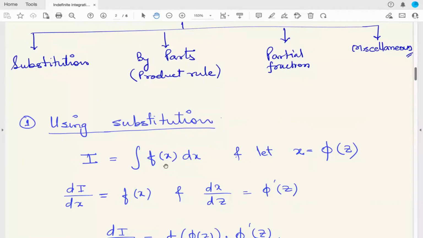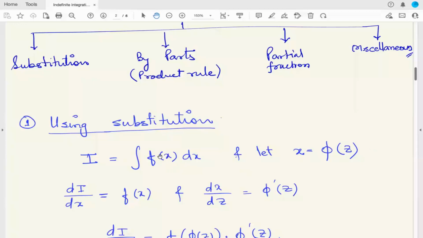Let us suppose that f is a function of x, and this is the integrand, f(x) is the integrand, and we are integrating this integrand with the elementary element dx. Now what we do, we substitute the value of x as a function of something, z.